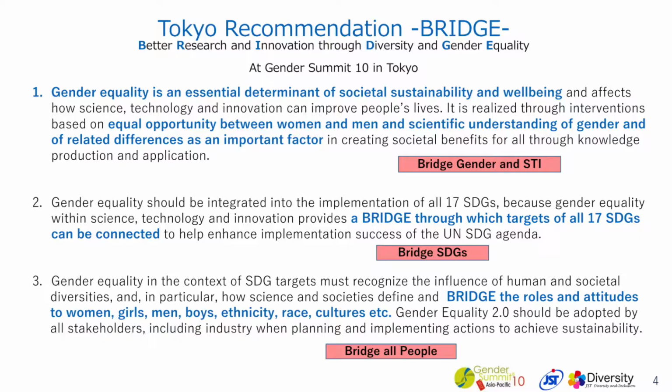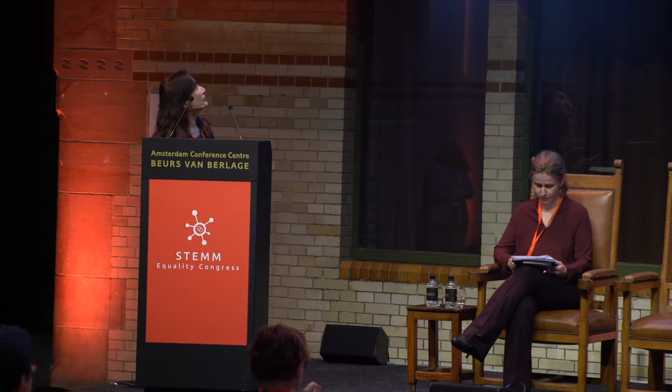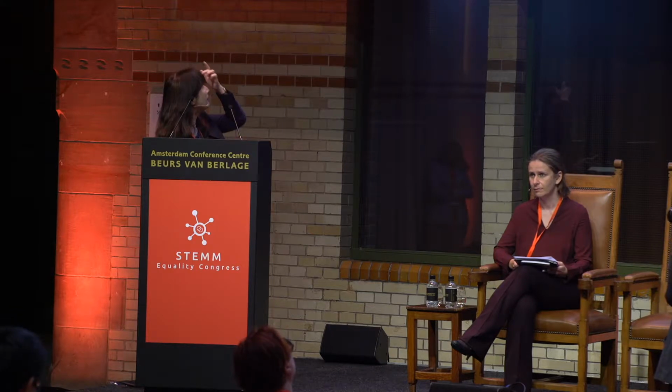We have 3 items. The first item says gender equality is an essential determinant of societal sustainability and well-being, and scientific understanding of gender and related differences should be respected as important factors.